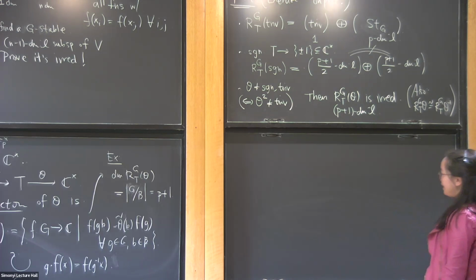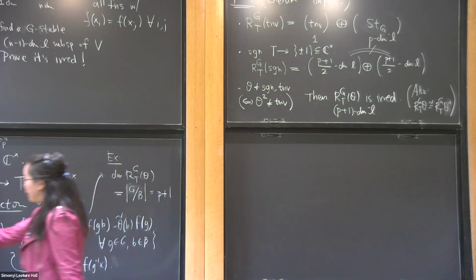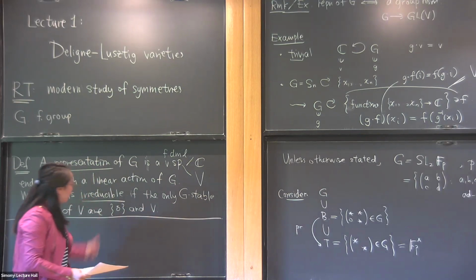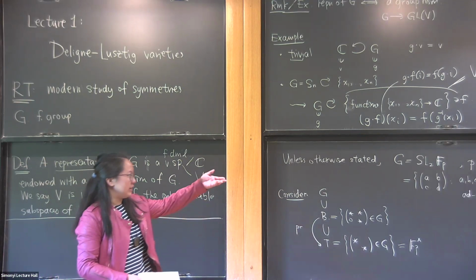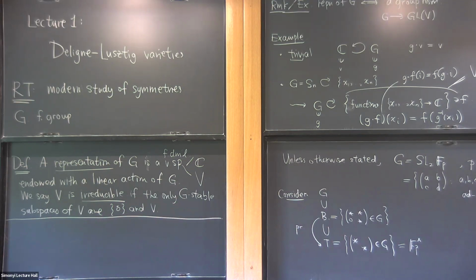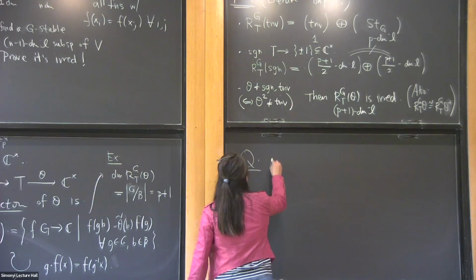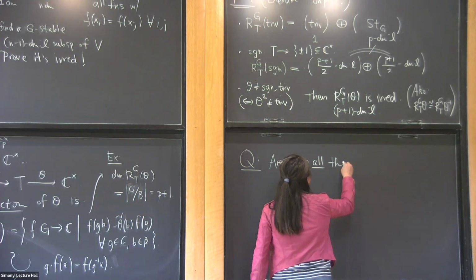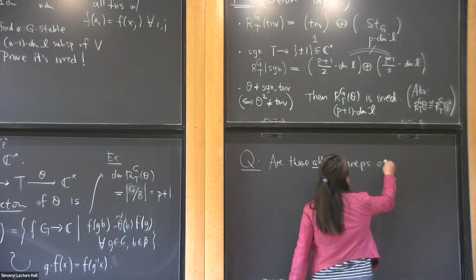So a fundamental question in representation theory is, first I hopefully convinced you that we want to look at irreducibles. Are these all the irreducibles? That's a natural question. Are these all the irreducibles of G?